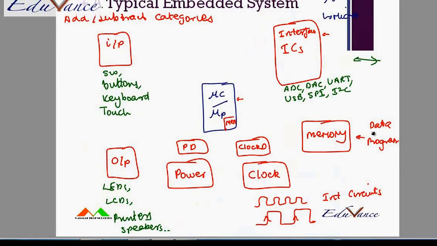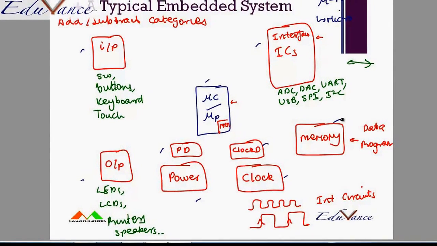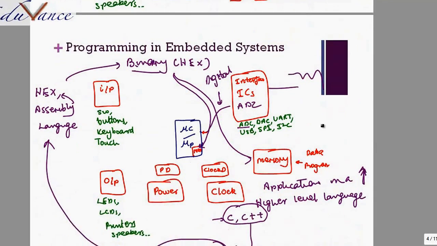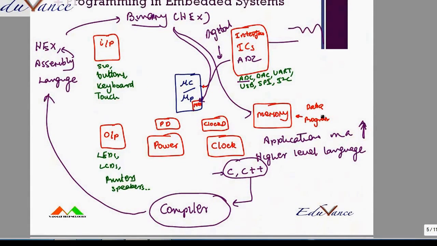Then we saw that a typical embedded system has a microcontroller, input-output devices with some interface ICs, with power and clock, with power distribution and clock distribution, with memory. We then saw how do we program using an embedded system. We write in assembly language or hex and then put that onto the memory.